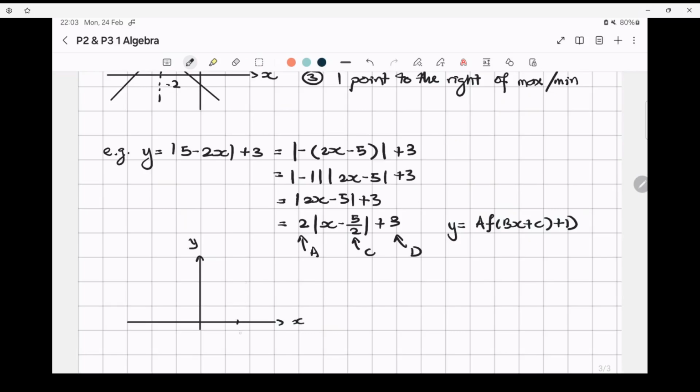So the lowest point will be at 2.5, and then something like this. So this will correspond to 3. Alright, so that's how you would plot the graph.